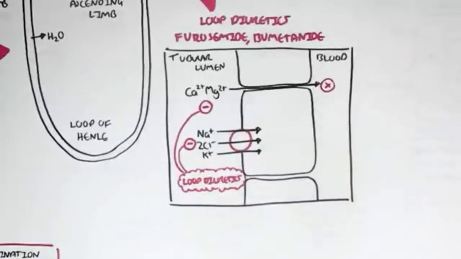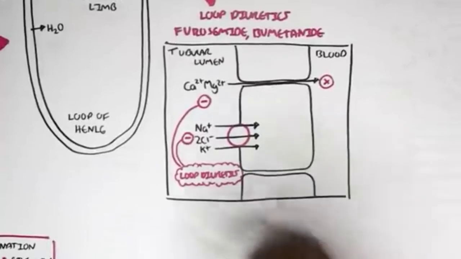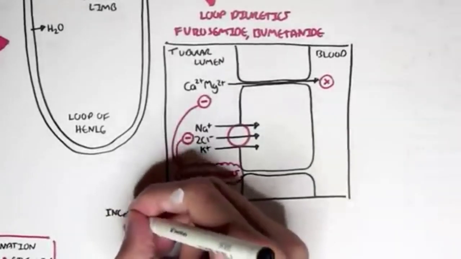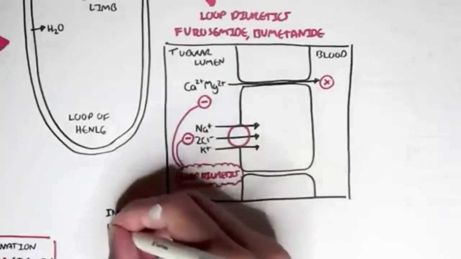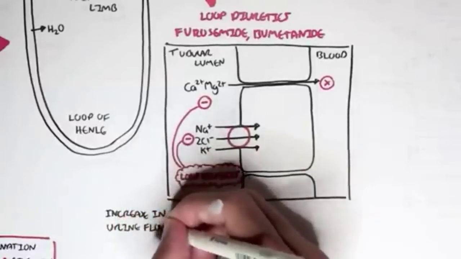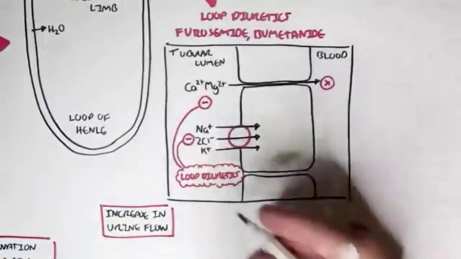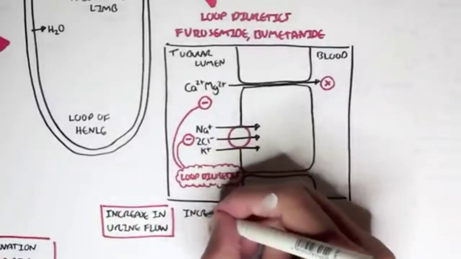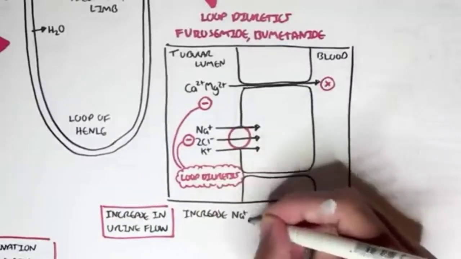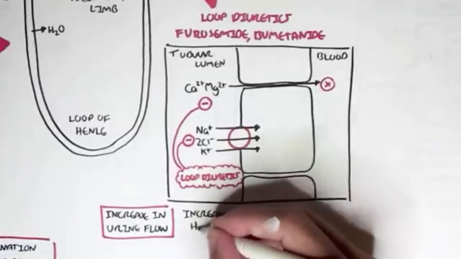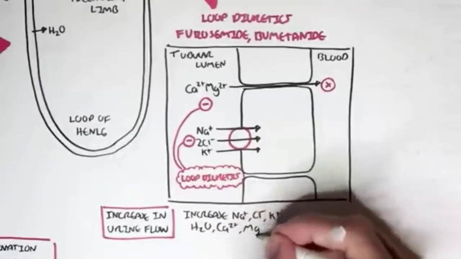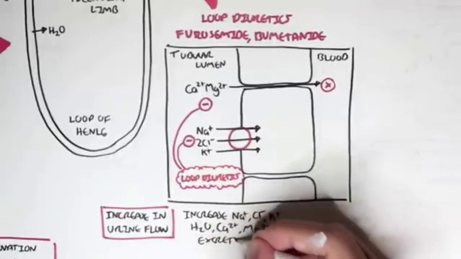So, loop diuretics essentially prevent the reabsorption of sodium, which therefore prevents the reabsorption of water, which therefore will decrease blood pressure. Some information: loop diuretics will essentially increase the urine flow because they prevent the reabsorption of all these things. They increase sodium, chloride, potassium, water, calcium, and magnesium excretion in the nephron.